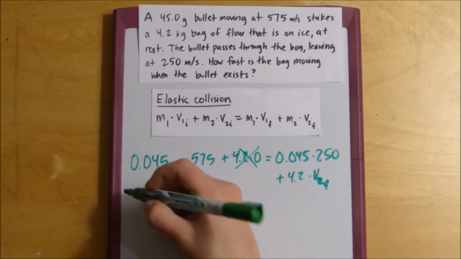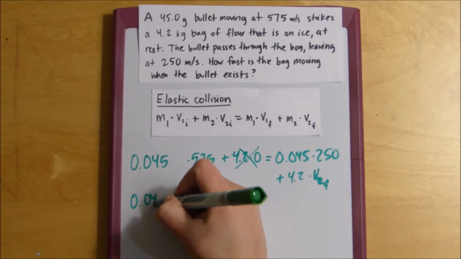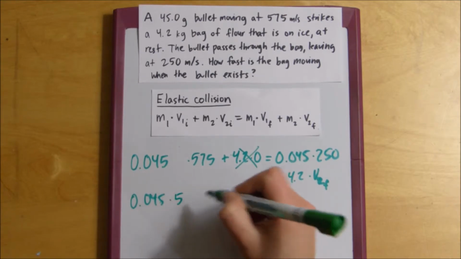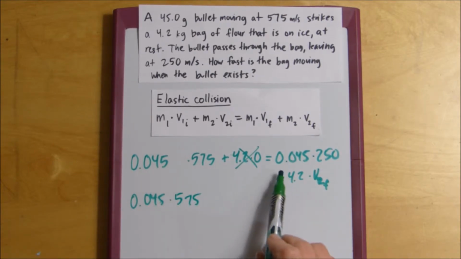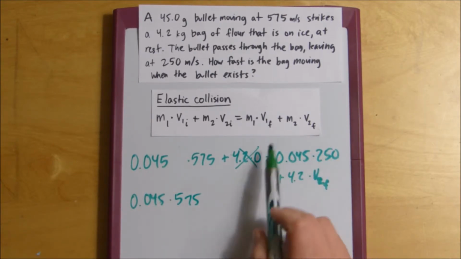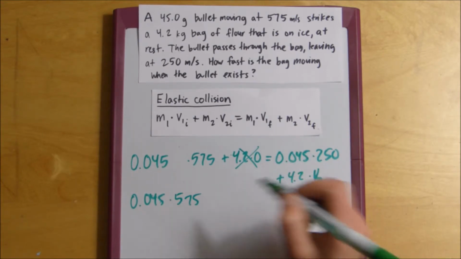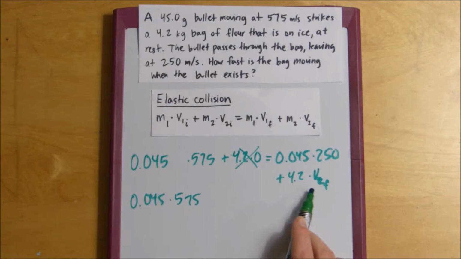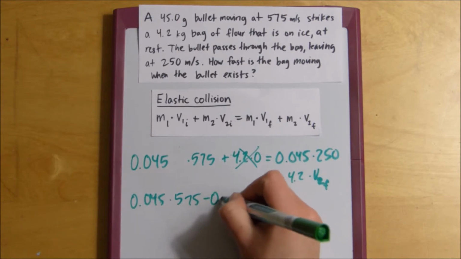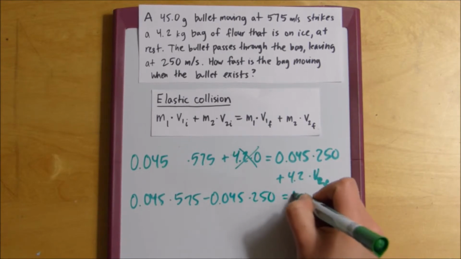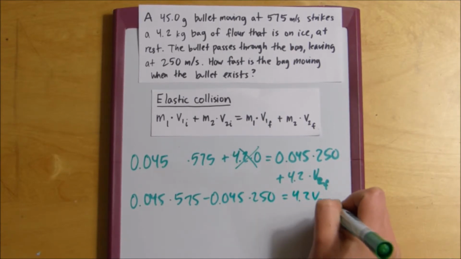So now let's simplify some more. 0.045 times 575, and then we subtract this 0.045 times 250, right? We want to isolate V2 final, so 0.045 times 575 minus 0.045 times 250 equals 4.2 V2 final.